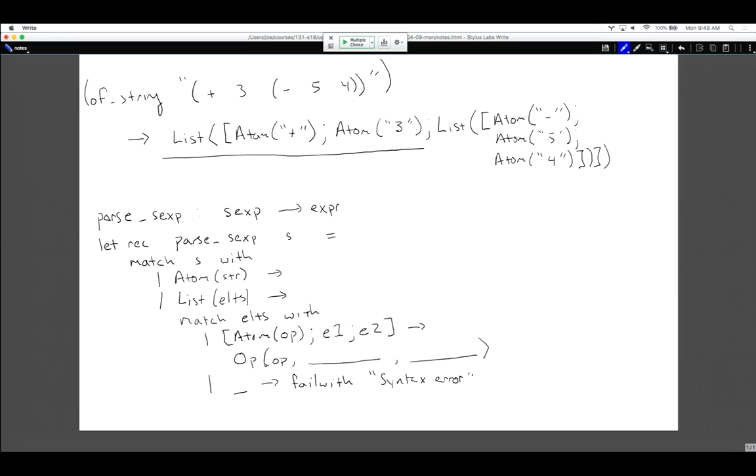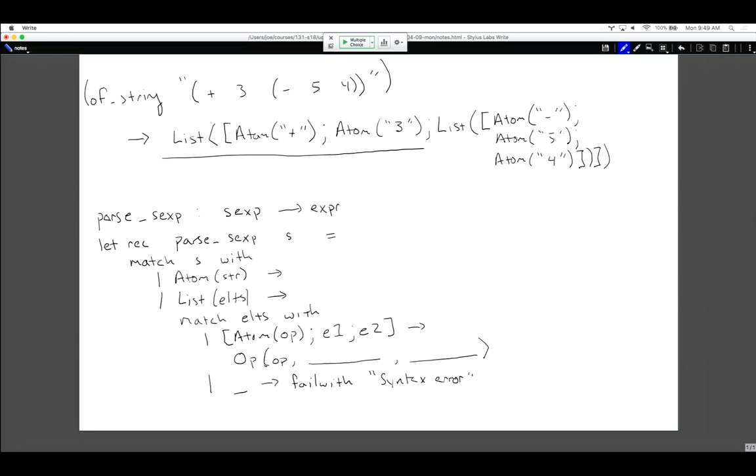Okay, all right. So the key idea here is that the 2nd and 3rd element of this list had better represent expressions. We had better be able to parse them as expressions in our expr data type. We'd better be able to get exprs for them. And that also matches what we expect to see in the 2 positions for op.